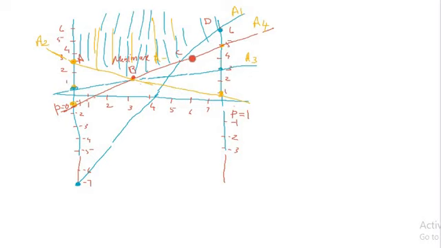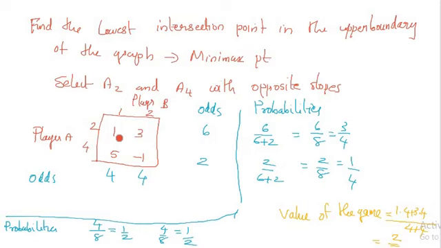And we can form the reduced matrix. The reduced matrix is shown here. It's a 2 by 2 matrix. Now apply the odds method and we can find the value of the game. The probabilities are shown here.